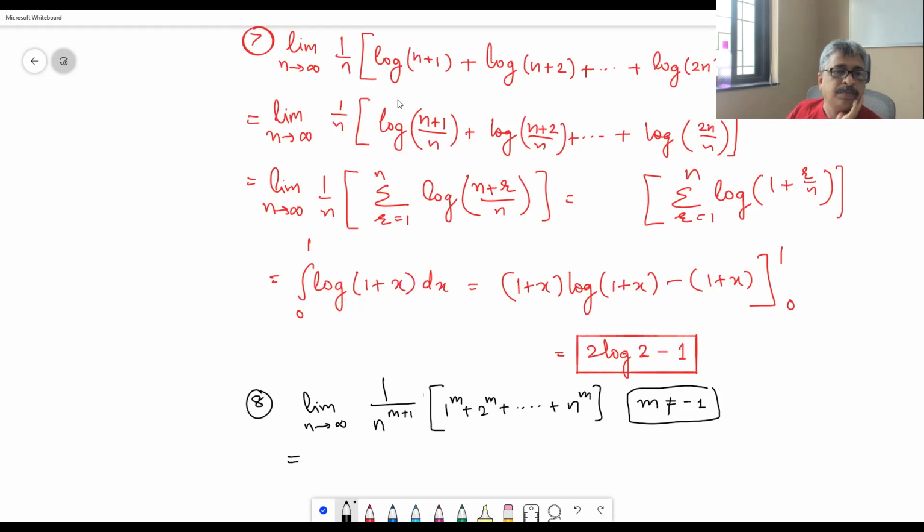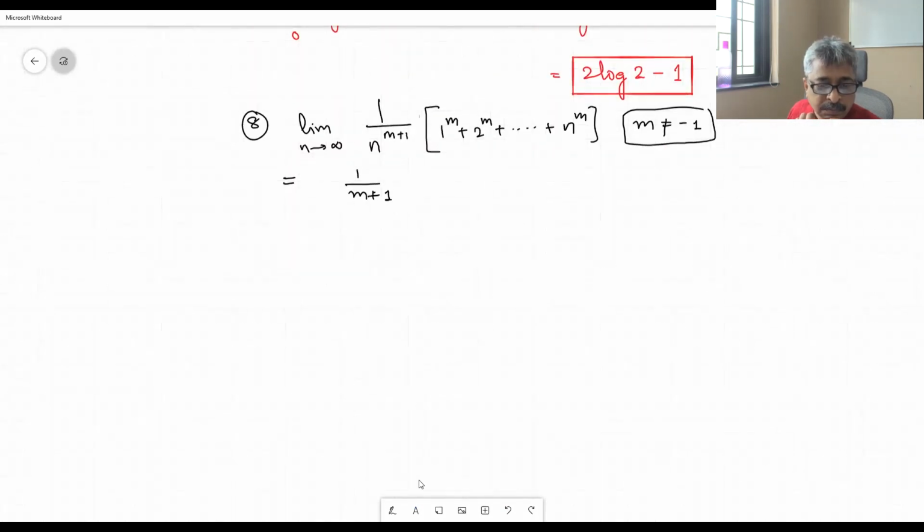Find out. 1 upon m plus 1. Very simple. Ninth problem.